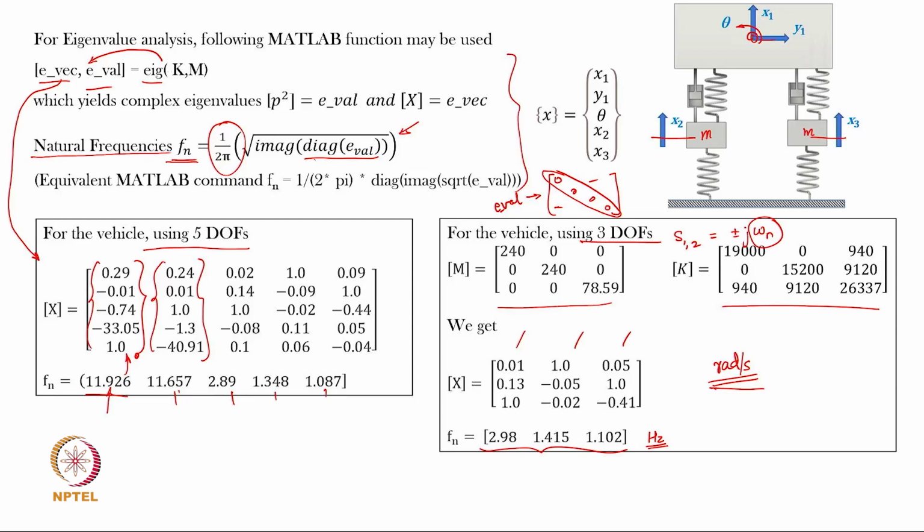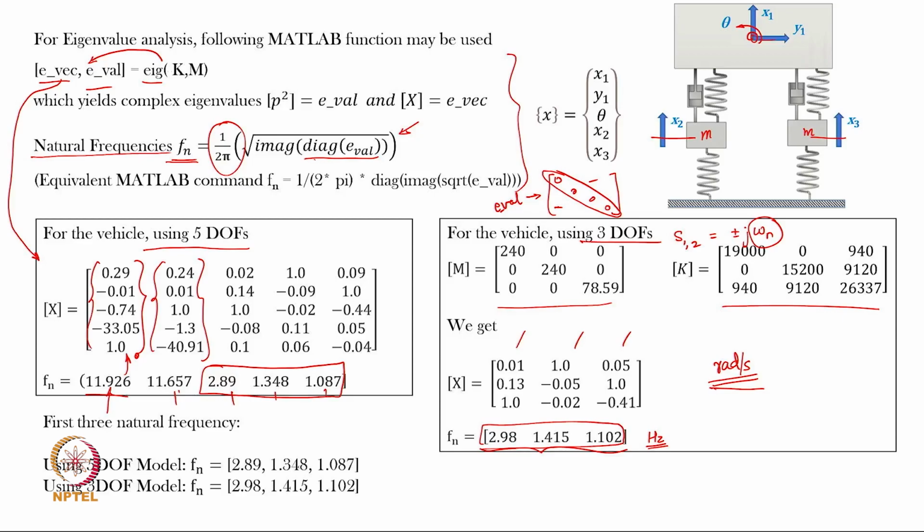The existing problem that we have discussed with 5 degrees of freedom is just to make the evaluation more accurate, so that the contribution of the individual wheels is also included in the analysis. But in terms of the natural frequencies, you can notice here that the first 3 natural frequencies you obtain are quite comparable to the 3 natural frequencies that you obtain by ignoring the wheels.